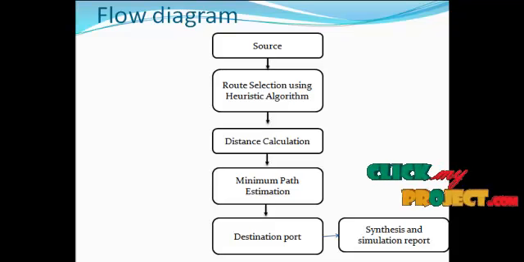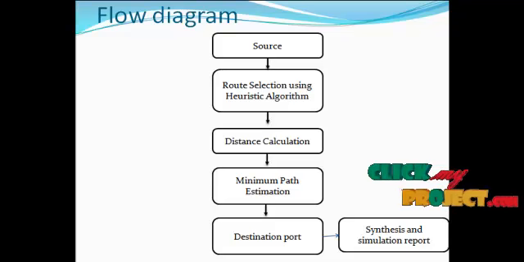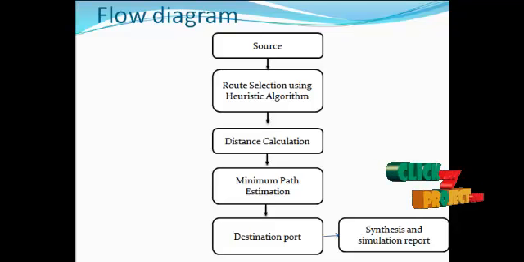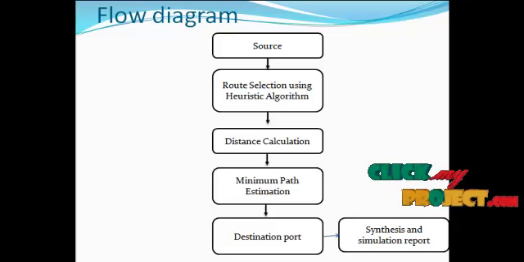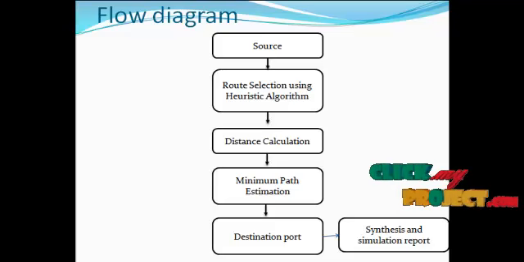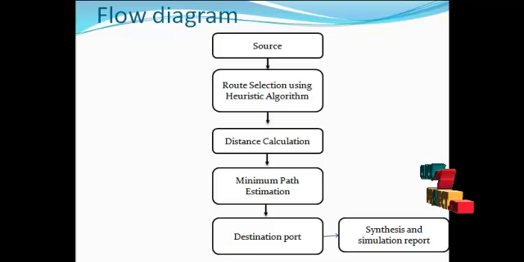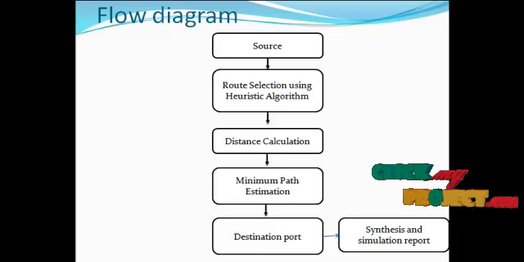Then we calculate the minimum distance for the source to destination path, and identify the minimum path estimation to calculate the synthesis and simulation report for the overall architecture. These results then give the final output for our source to destination data transfer using the distance-based calculation for a graph-based algorithm to minimize the total wire length in channel VLSI routing methodology.